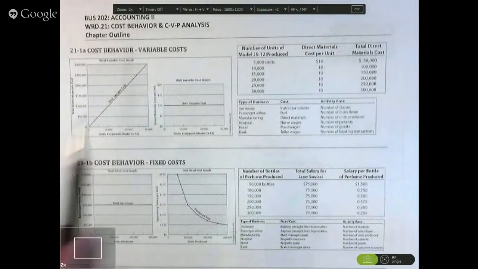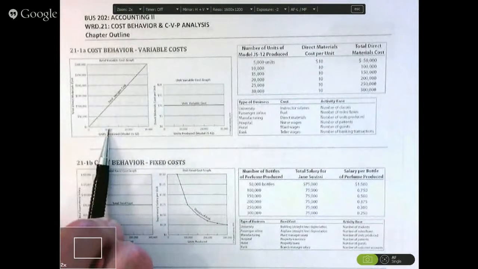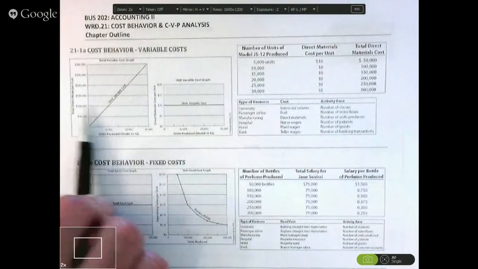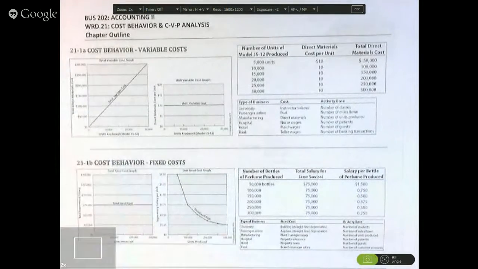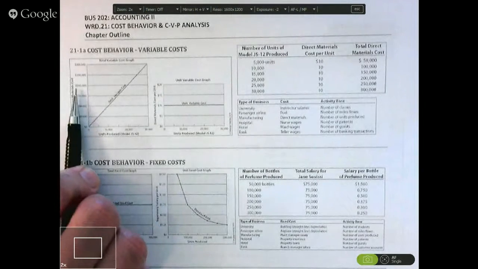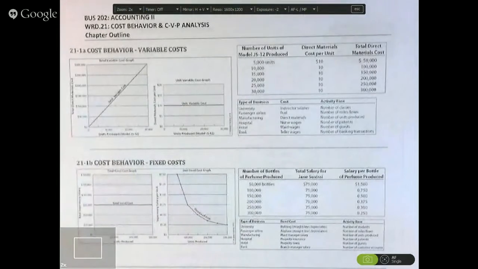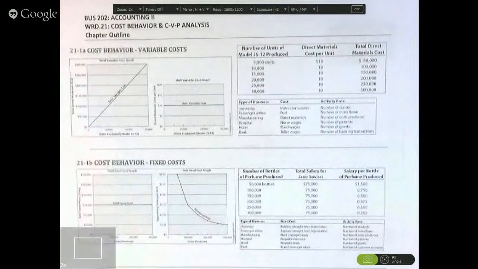But if we would take the variable cost total and divide it by the number of units produced, so for example, at 10,000 units produced, the variable cost is $100,000. Taking the total variable cost divided by the number of units produced, you get $10 per unit. As we would increase to 20,000 units, we see that we incur $200,000 of total costs. $200,000 of total costs divided by 20,000 units, okay, variable costs per unit stay the same.